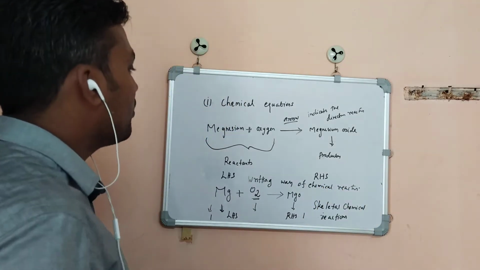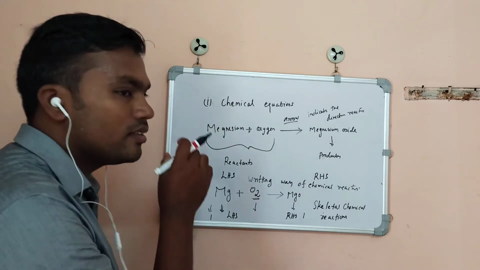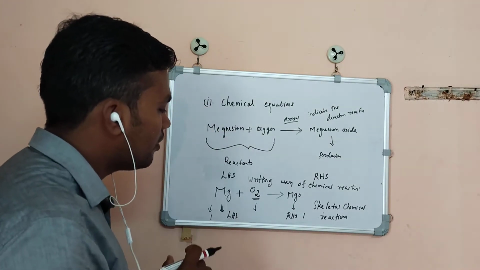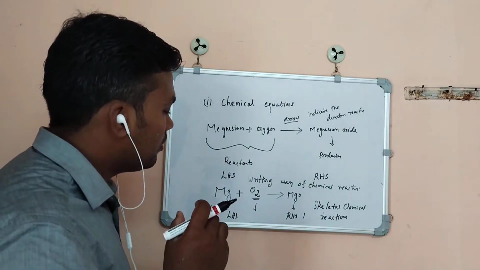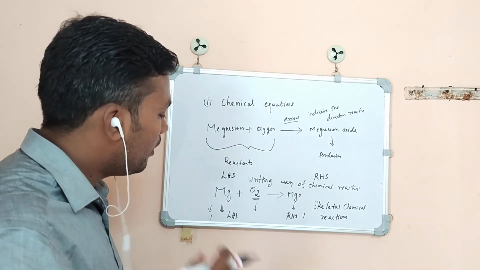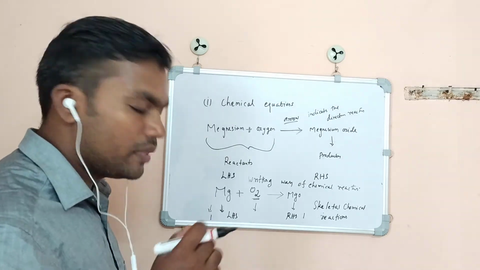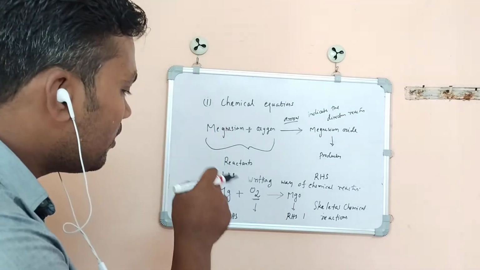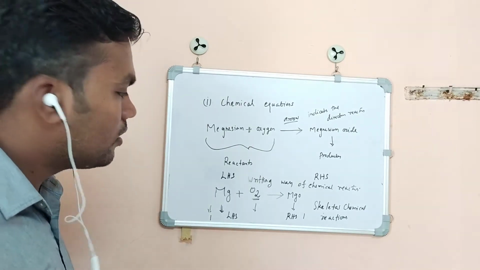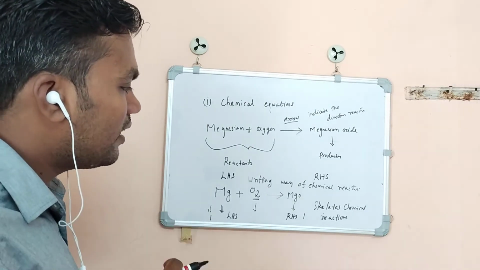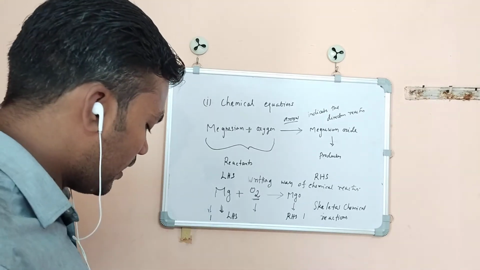First we have seen the chemical equation in word form. Second, we have seen how to write the chemical reaction in formula form. In this reaction the chemical equation is not balanced, so this type of reaction can be called a skeletal chemical reaction.